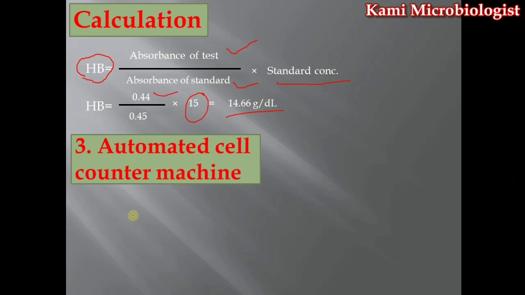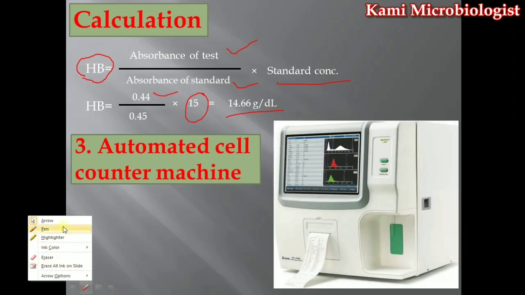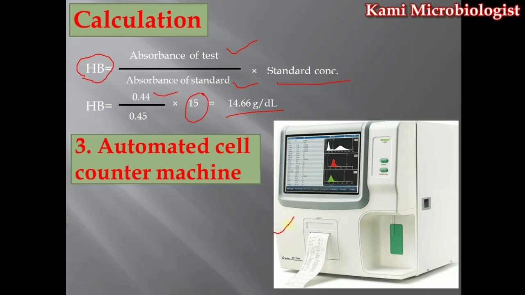Now let's talk about the automated cell counter machine. So this is the hematology analyzer machine or automated cell counter machine. In this machine, we put the EDTA bottle, a tube. It will suck the blood, meaning the needle will be dipped. After that, the blood is sucked.